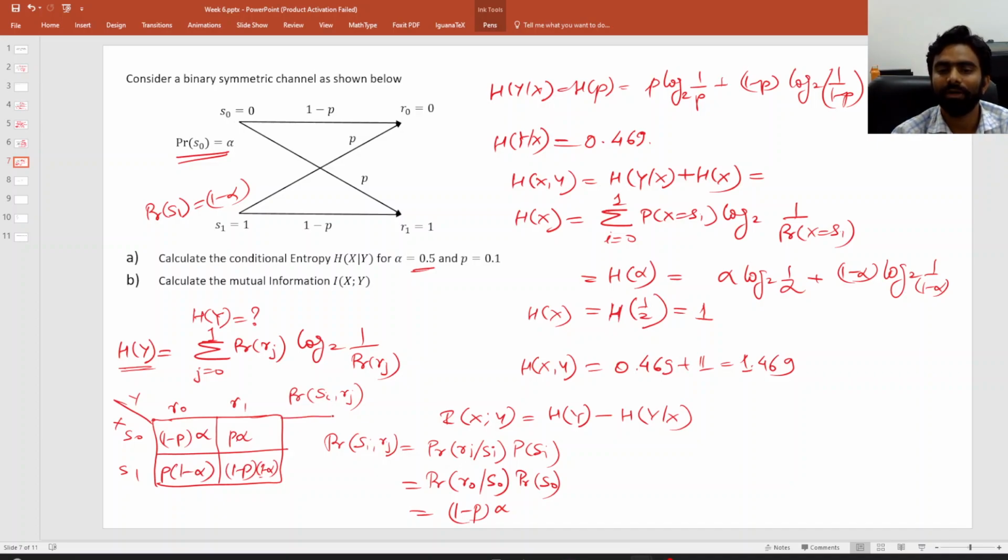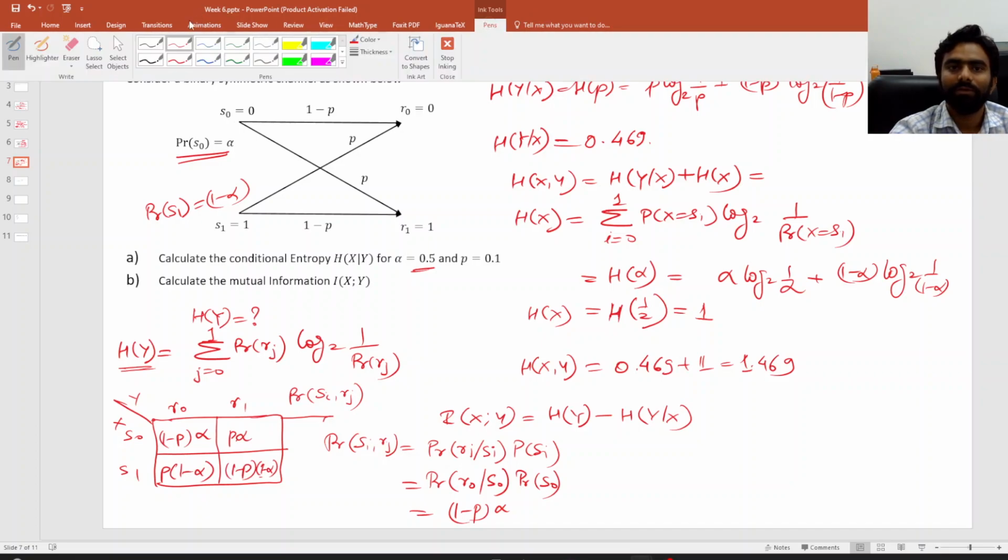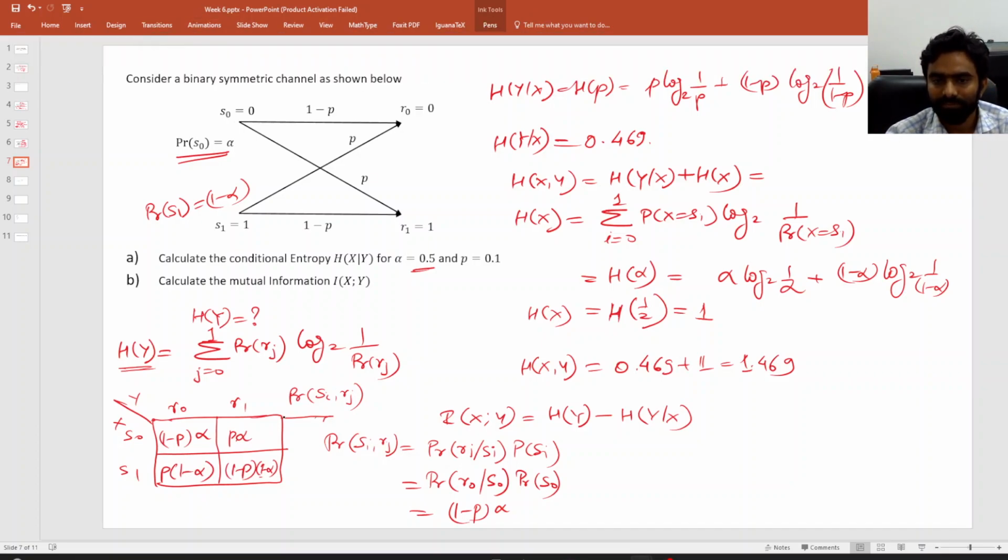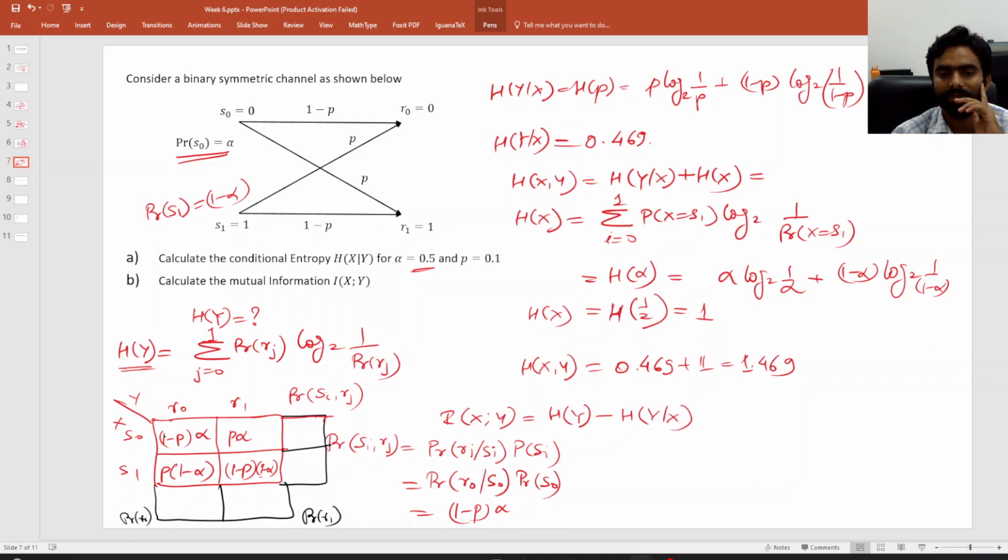Now directly we can calculate. Yes, anyone? How to calculate now? The marginal probabilities. So by summing the columns along R0, we'll get the probability of R0 and summing along R1, the probability of R1. Here by summing across this one, we will get probability of S0 and probability of S1. So now we want only the probabilities of Rj, that is R0 and R1.